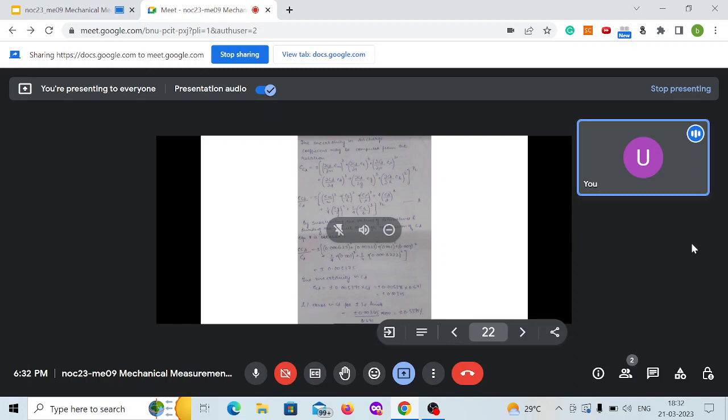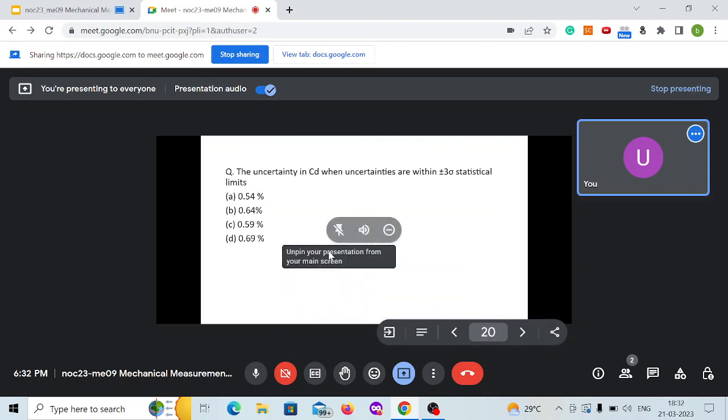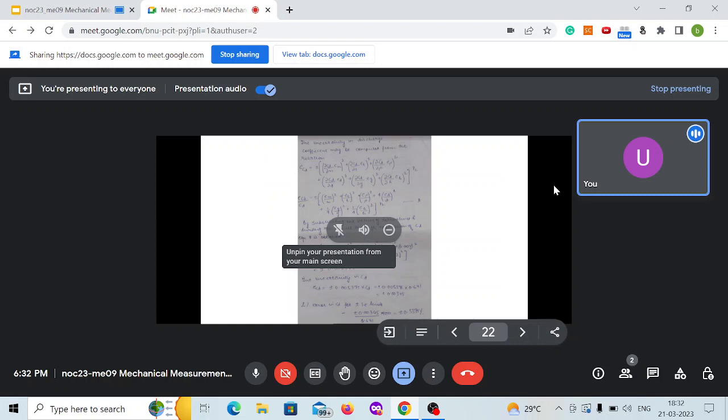So by substituting the values, you will get 0.00625, which has been found in the previous part A of the question. We have found all the relations here. So when you substitute that and square each of the terms, sum it up, and then take the square root of that, it will give you 0.005375.